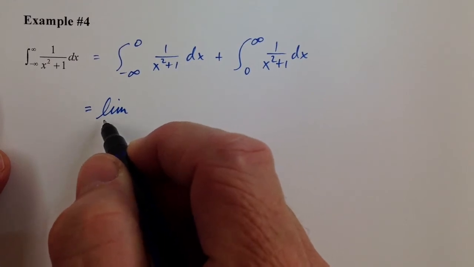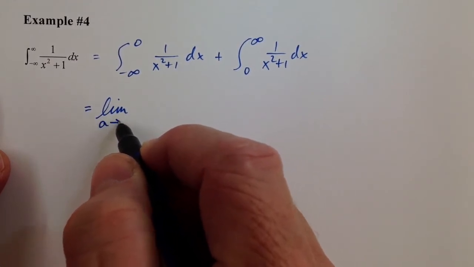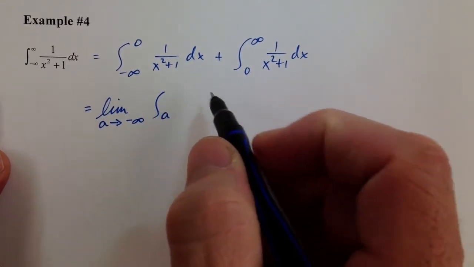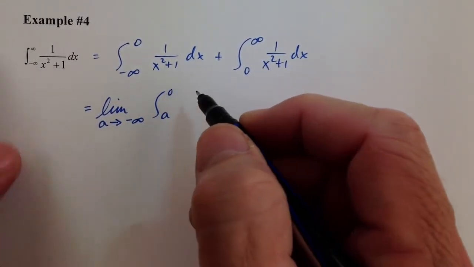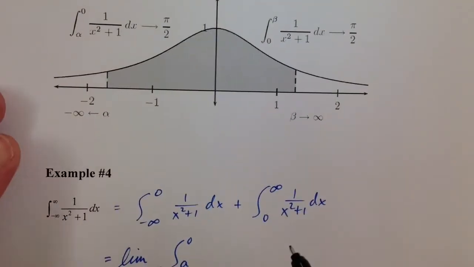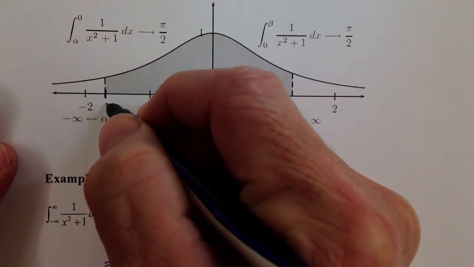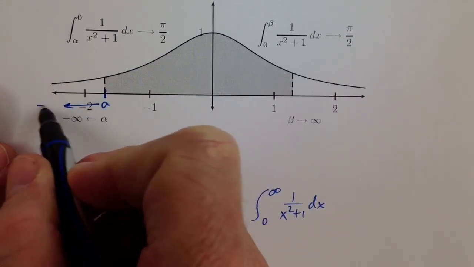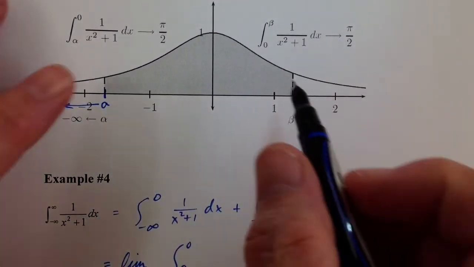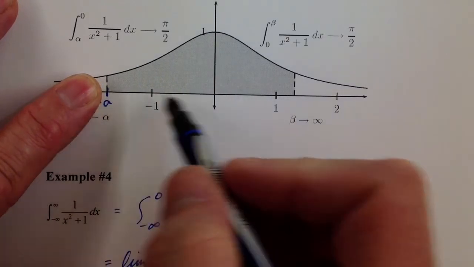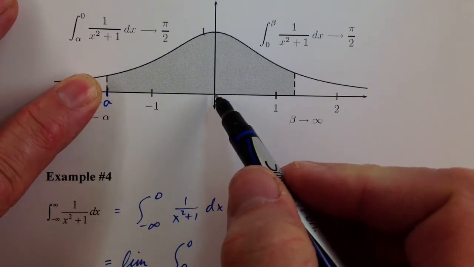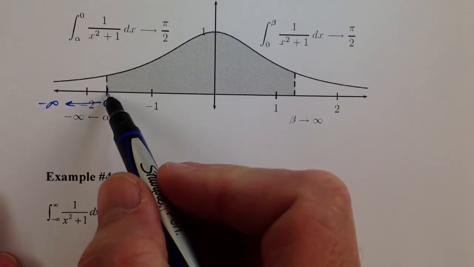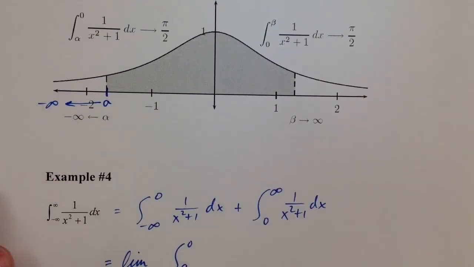We're going to take the limit, and we're going to send a towards negative infinity. If you look at the picture, we're going to let a be somewhere over here to the left of 0, and we're going to send a all the way out to negative infinity. We're going to first evaluate the integral from a to 0, and then we're going to see what happens with this integral when a goes to negative infinity.